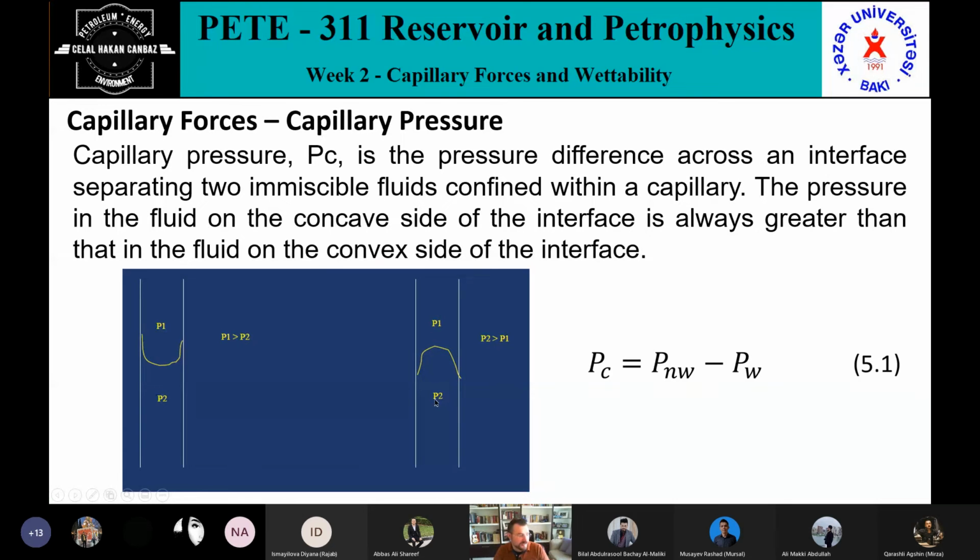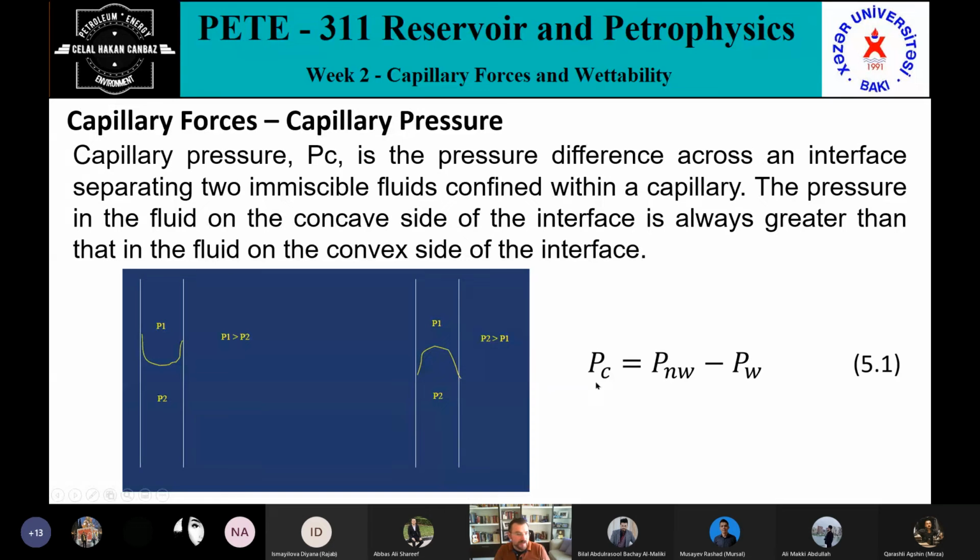P2 pressure is higher, so we can say that if the pressure is higher, that phase mostly becomes the wetting phase. Sorry, non-wetting phase. So in this figure, P2 is the non-wetting phase in this case.